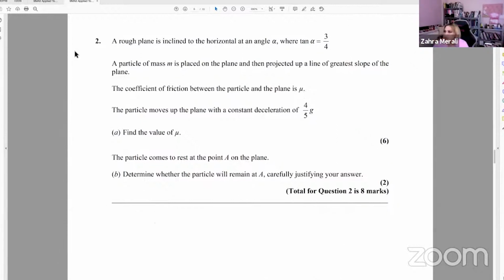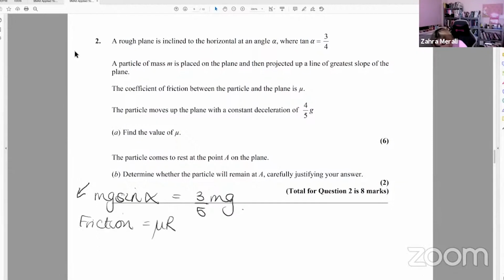So if we clear that, we've got mg sine alpha, which is our component of weight going down the slope. Sine alpha was 3/5, so we had 3/5 mg. So that's our weight component going down the slope. And then we've got friction, which equals mu R. Now mu doesn't change, it's to do with the slope.